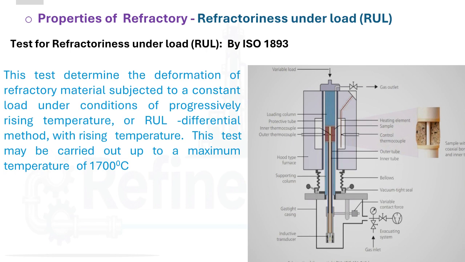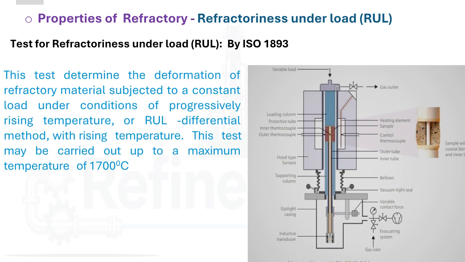The loading criteria are carefully defined. A load of 0.2 Newton per square millimeter is applied for dense refractory products, while a lower load of 0.05 Newton per square millimeter is used for insulating products. The reduced load reflects the different structural character of insulating materials.